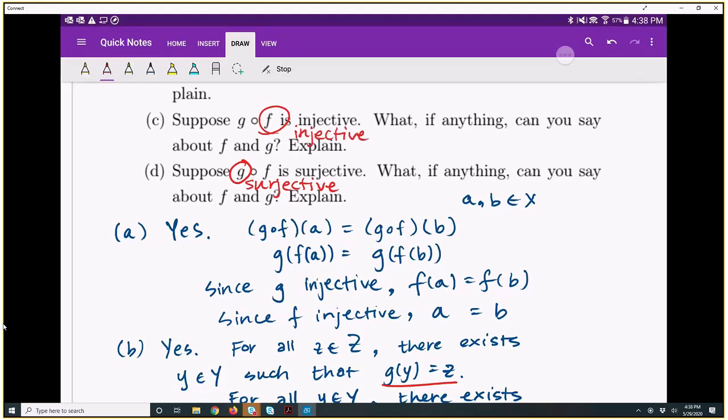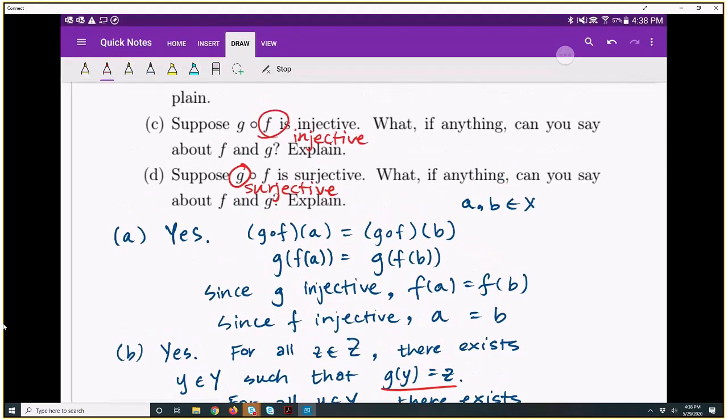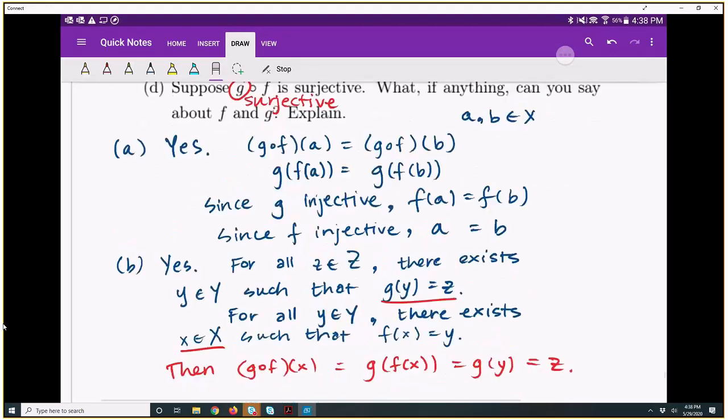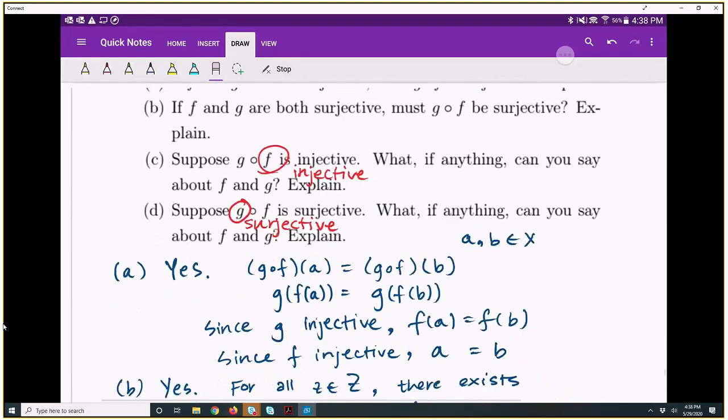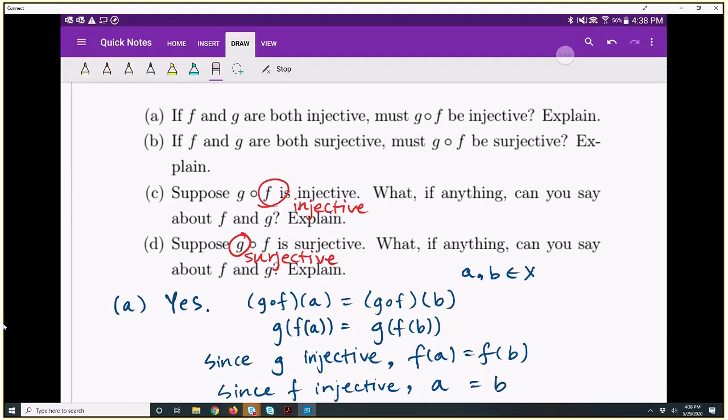And it does matter which order we're composing them in. Note that if we had f compose g, it would be different. Then we would say if the composition is injective, then g is injective. And if we had f compose g surjective, then we would say that f was surjective. So just pay attention to the order here. But this is what we can conclude. And that is the last exercise.